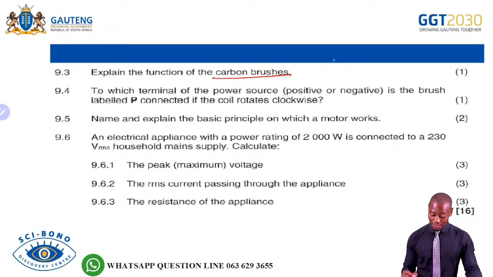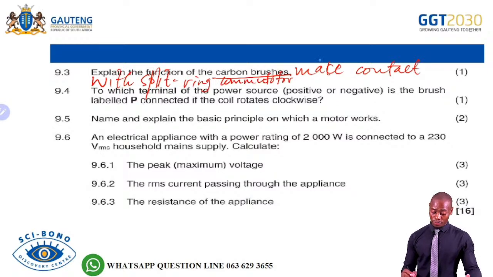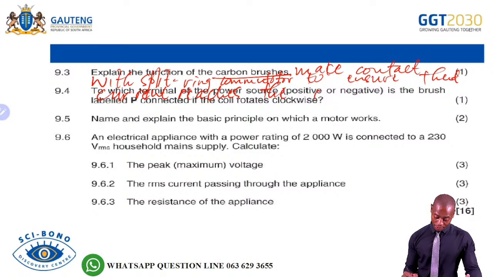They make contact. Remember, this is a motor. So they make contact with this split ring, with the split ring commutator, to ensure that current reaches the internal circuit.